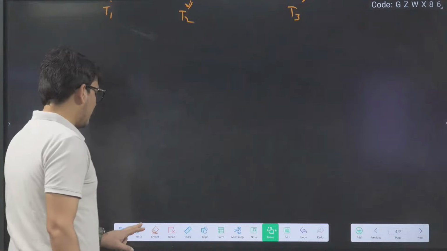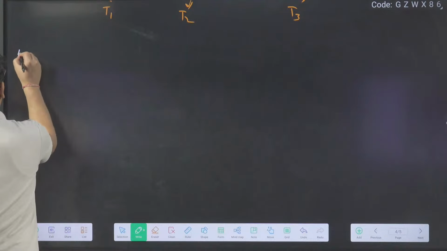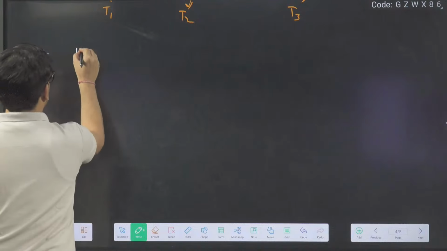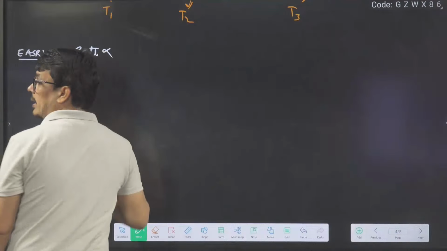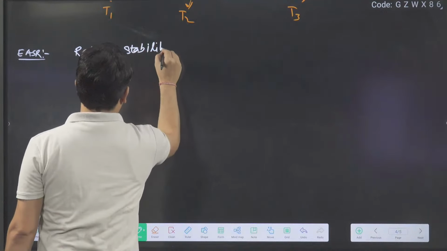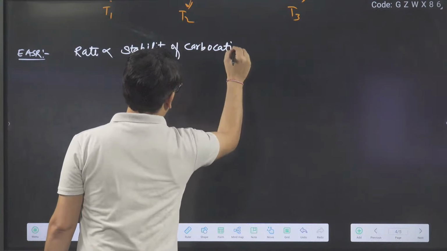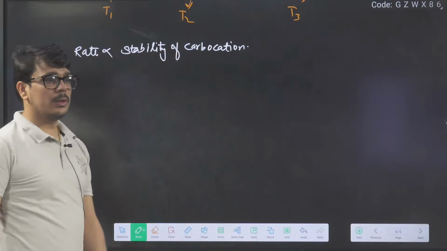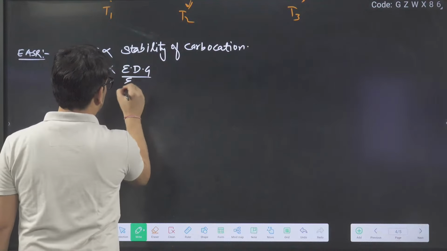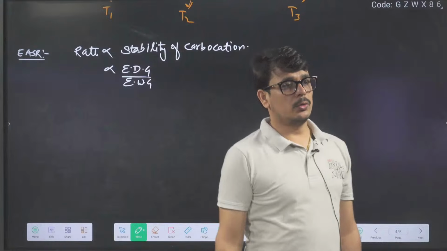Last, electrophilic aromatic substitution reaction. In this case, rate is directly proportional to the stability of which one? Carbocation, and the carbocation is stabilized by electron donating groups and destabilized by electron withdrawing groups.